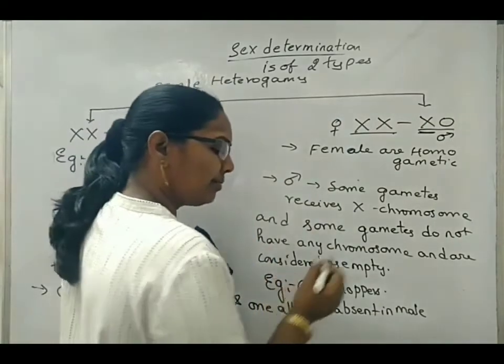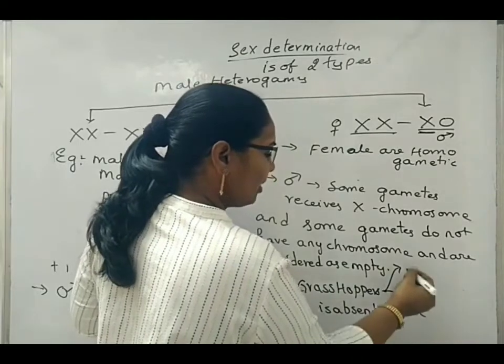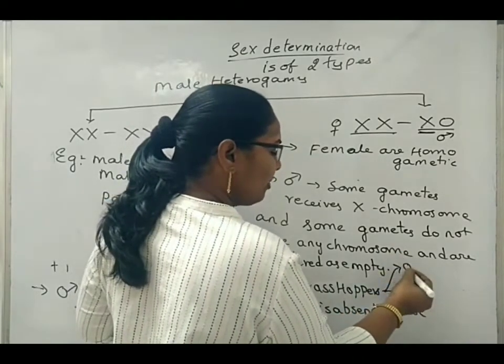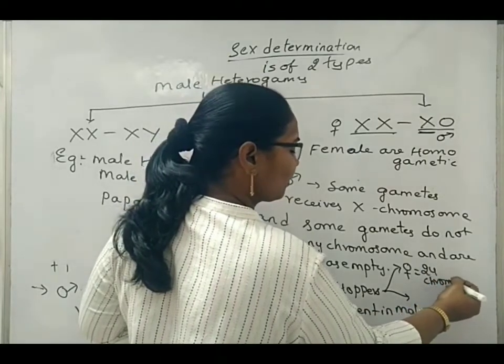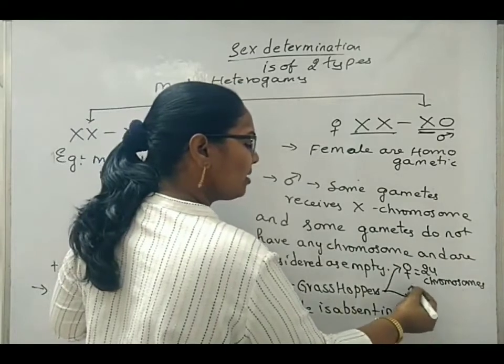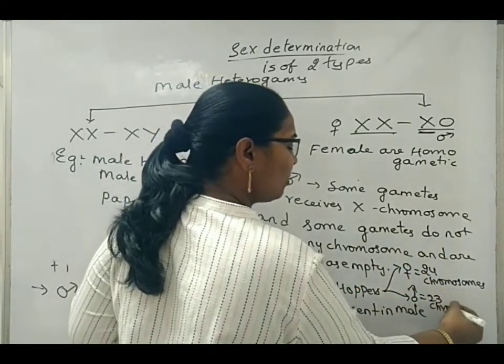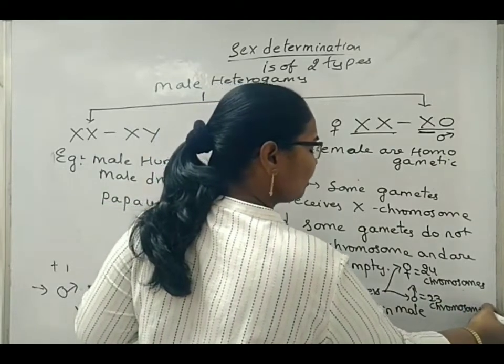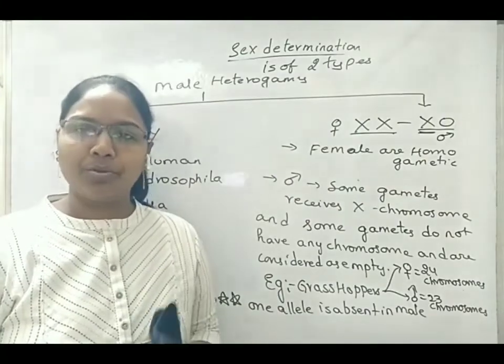One more point. In case of grasshoppers, what is the number of chromosomes in case of female? Female has 24 chromosomes. Male grasshopper has 23 chromosomes only.